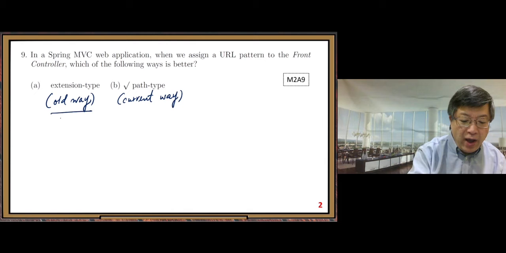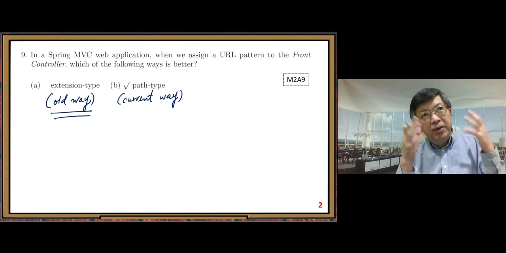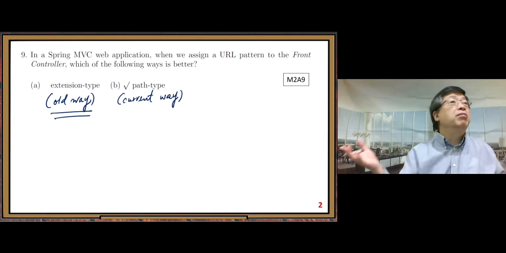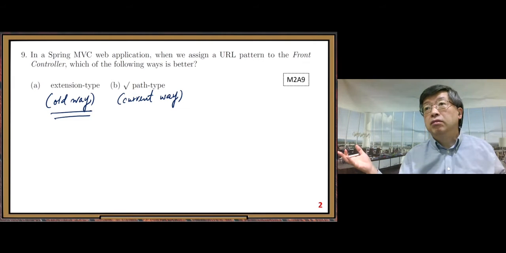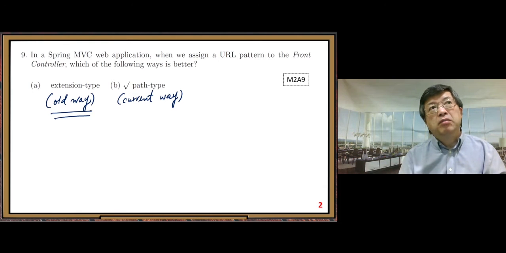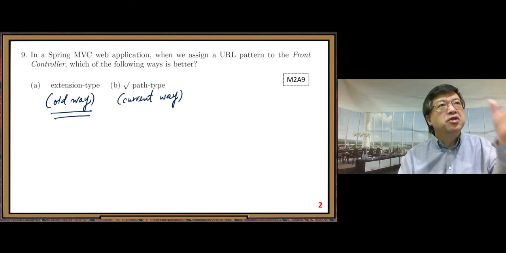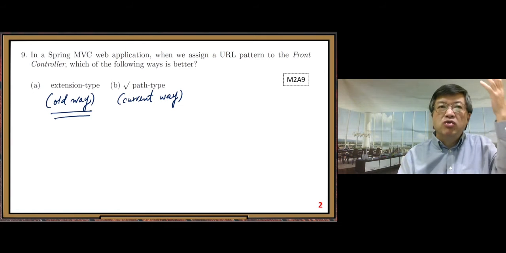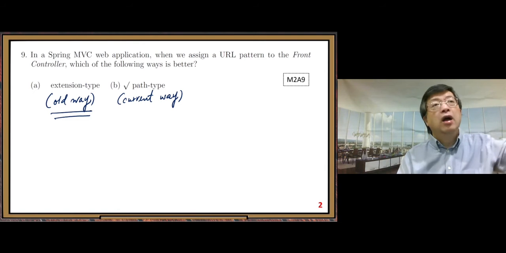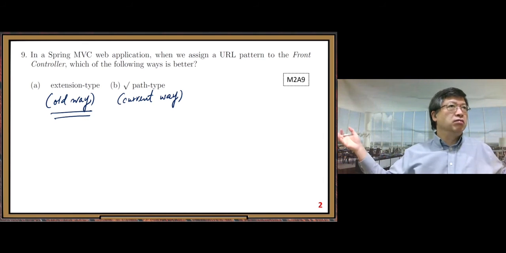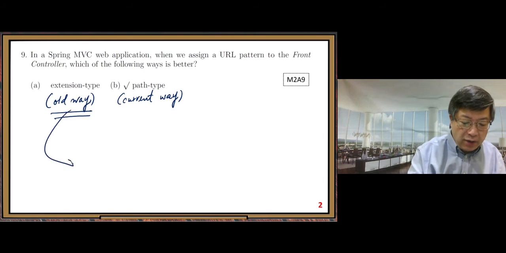The reason people used this old way is because it's simple. At that time, people did not realize the URL can do so many things. They just wanted to do one thing: this URL pattern connects to the right controller.